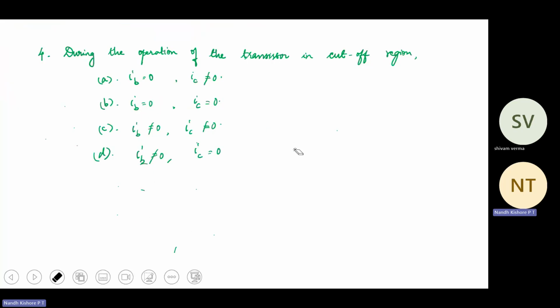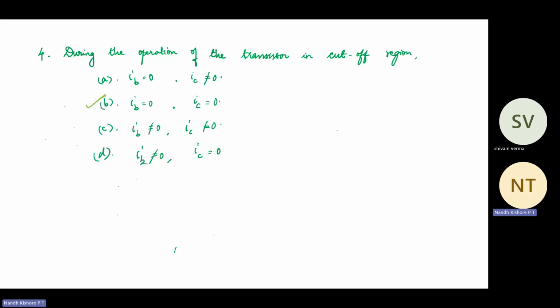So what is the answer? During cutoff region operation, there is no bias at all, right? Your bias is very low. So in that scenario, what is IB? The answer would be IB is equal to 0, right?